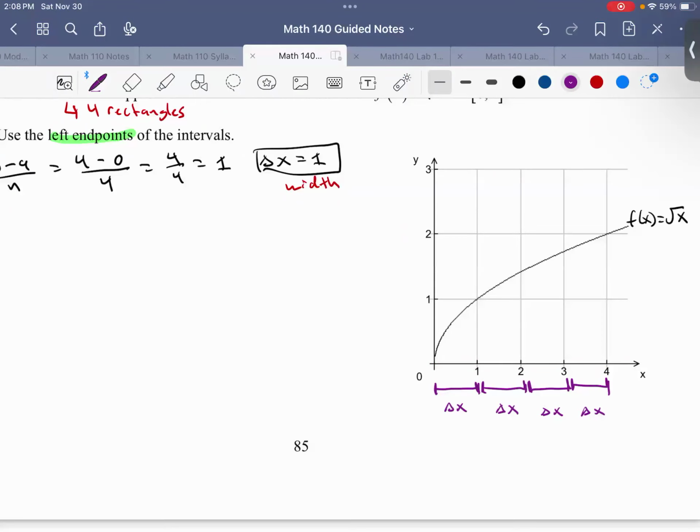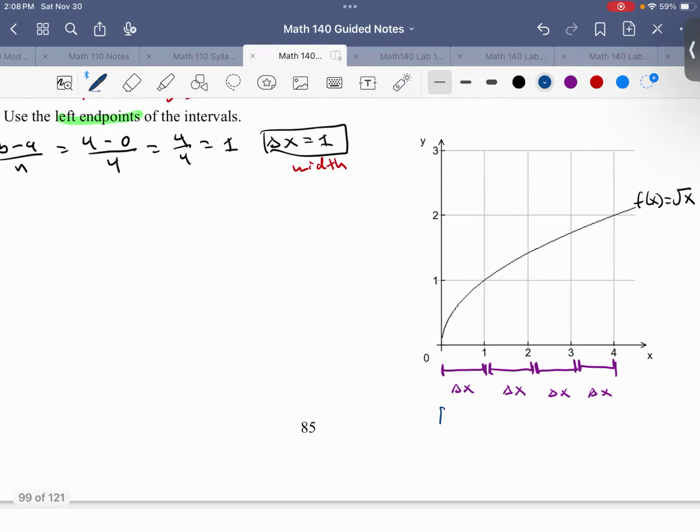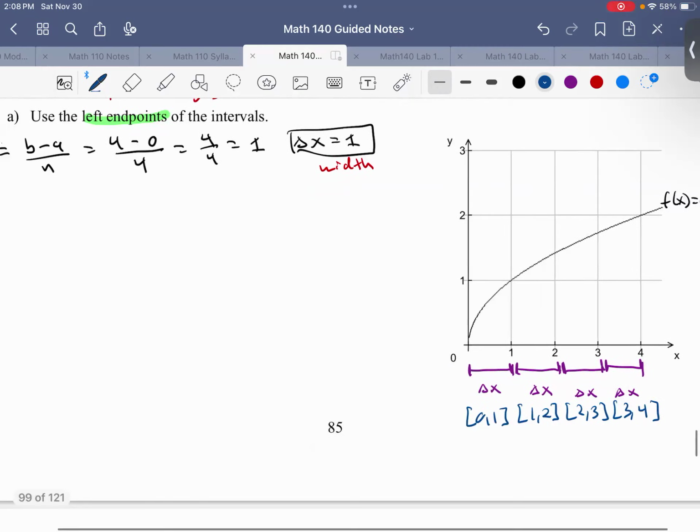So I've got my 4 delta x's, and that means we have 4 subintervals. We're going from 0 to 1, 1 to 2, 2 to 3, and 3 to 4. So we have our subintervals of what our rectangles would be.